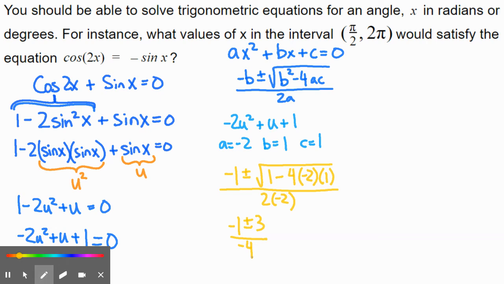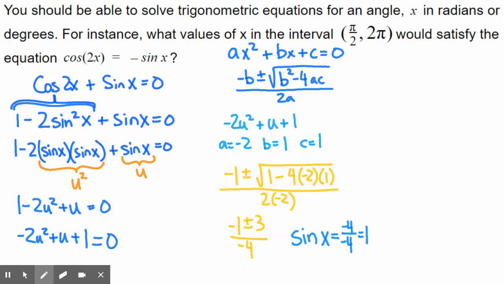So sine x is either negative 1 minus 3, which is negative 4 over negative 4, which is 1. Keep things clear: negative 4 over negative 4, that's 1.